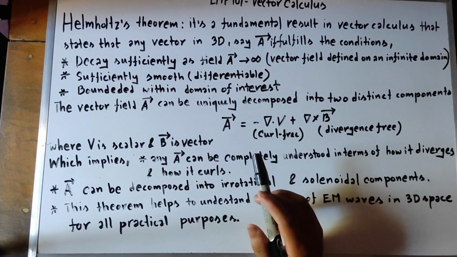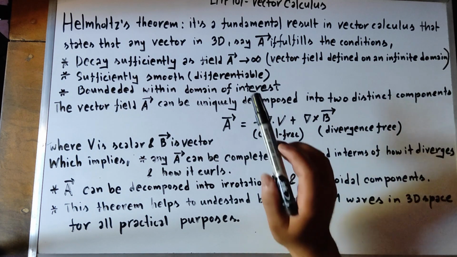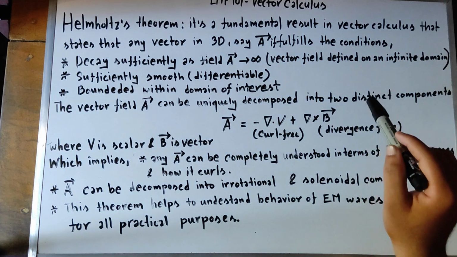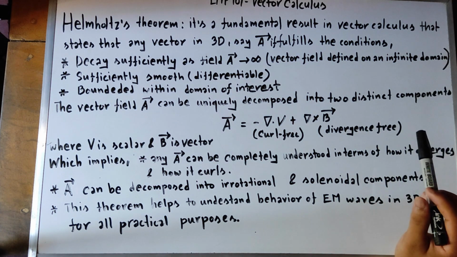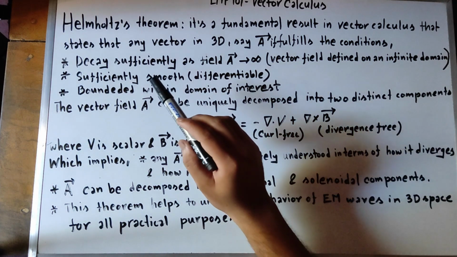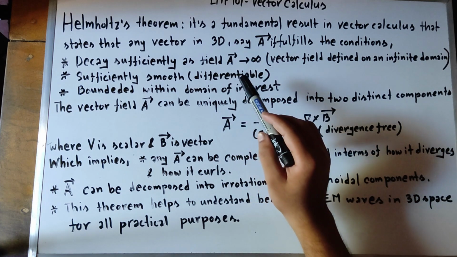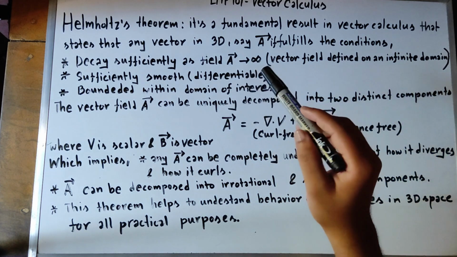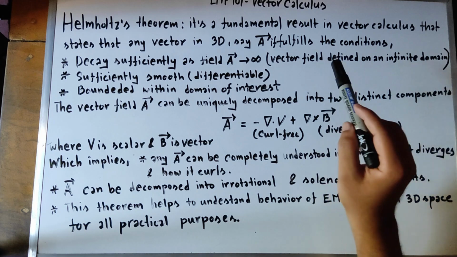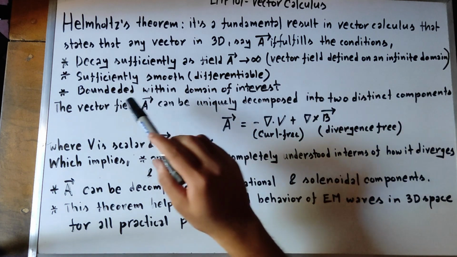So Helmholtz theorem is a fundamental result in vector calculus that states that any vector in 3 dimensions, say a vector A, if it fulfills the conditions, can be decomposed.